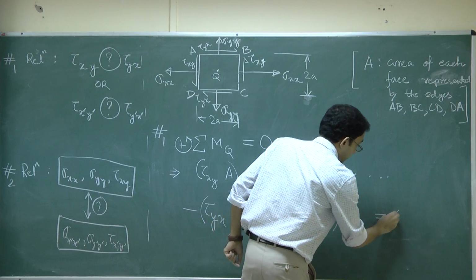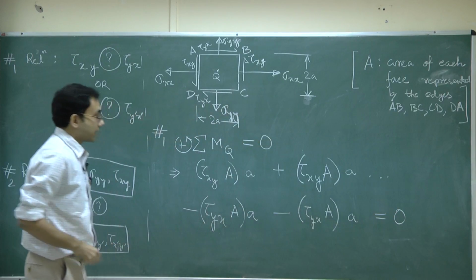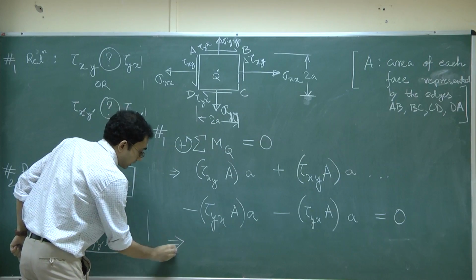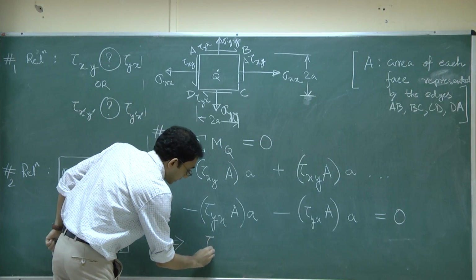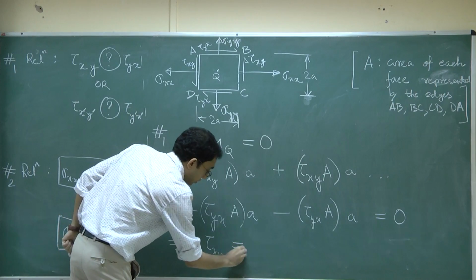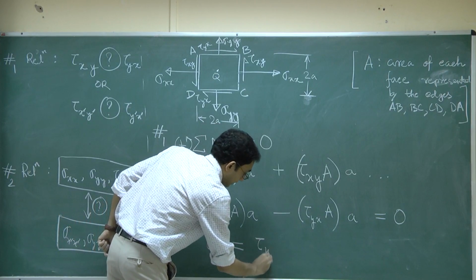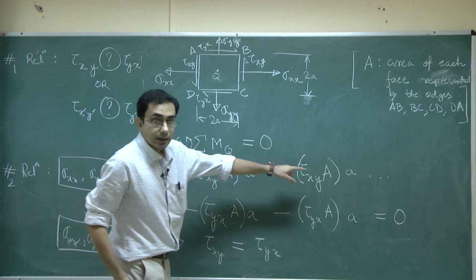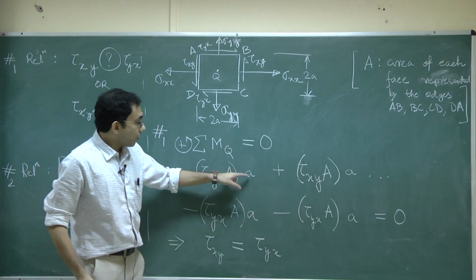This entire thing is equal to 0. Now, at one shot we can find out the neat relationship that tau xy is equal to tau yx, because all the capital A's, the areas, are common, and the small a's are common.